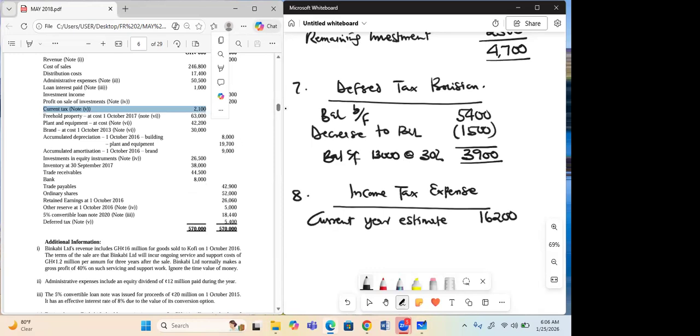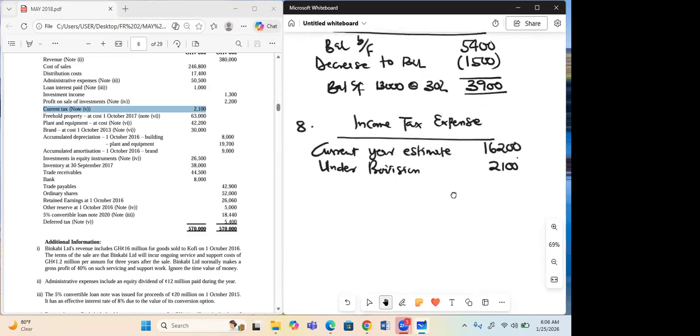Excellent. If you do this, then it means you are really following what I'm teaching. So under provision of how much? 2,100, eh? Yes, more tax, right?